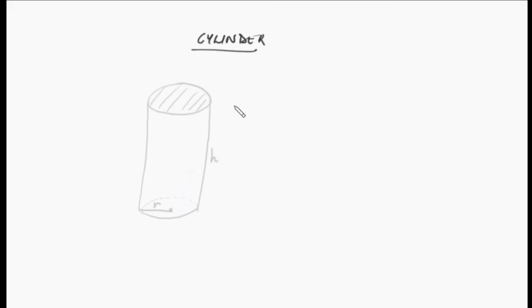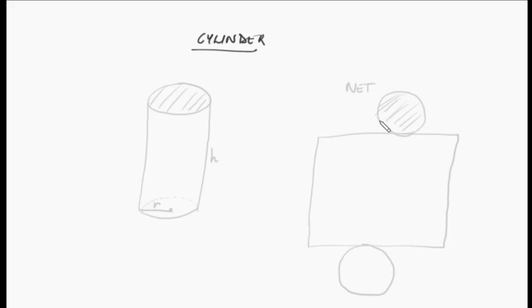So if you were to draw the net of a cylinder, let's say it's a closed cylinder, then you would have something like this.